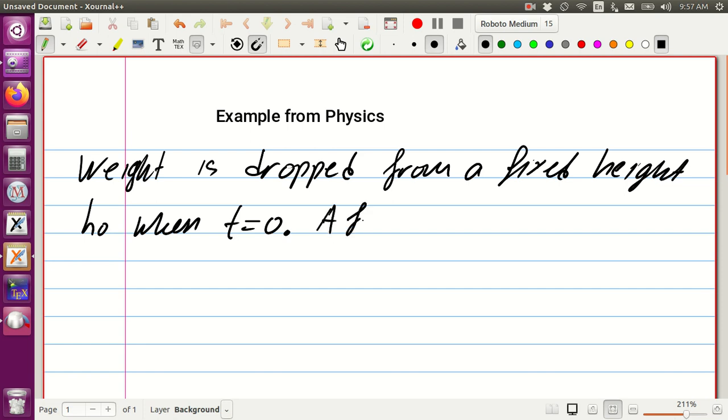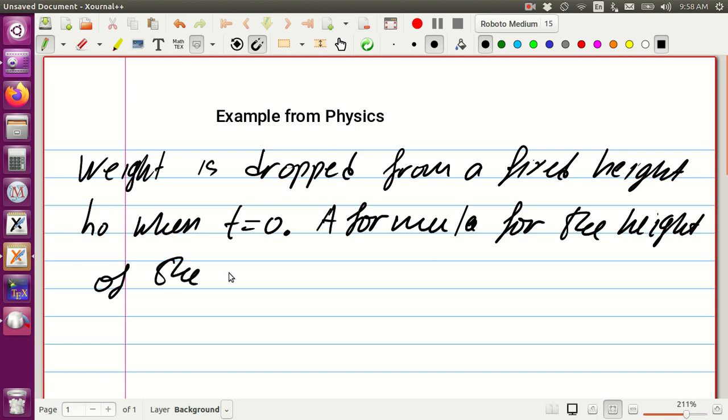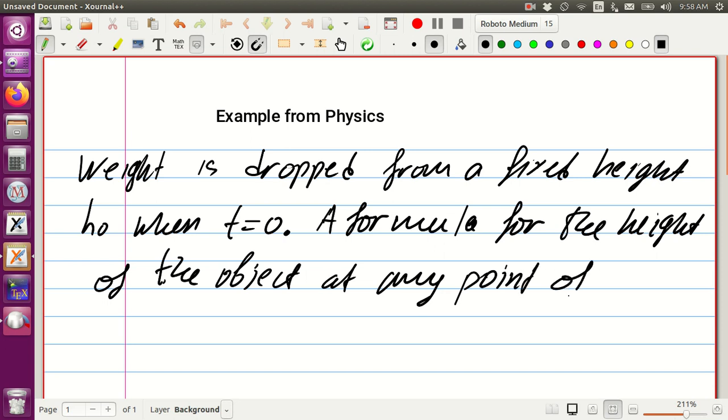So we can write a formula for this process. A formula for the height of the object at any point of time t can be written as follows.